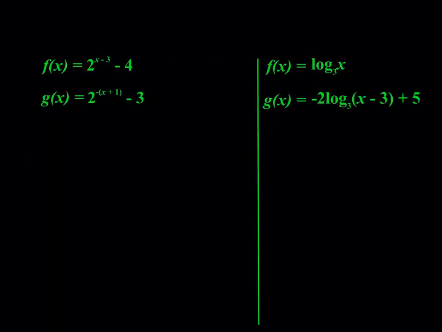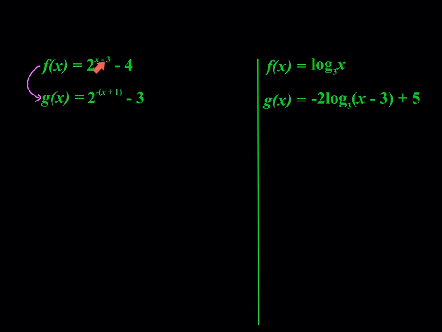All right, so the next one, we're not going from the parent function, but we are going from the graph of f of x to the graph of g of x. So what we want to think about here are our shifts. This one has been shifted to the right 3 units. This one has been shifted to the left 1 unit from your parent function.